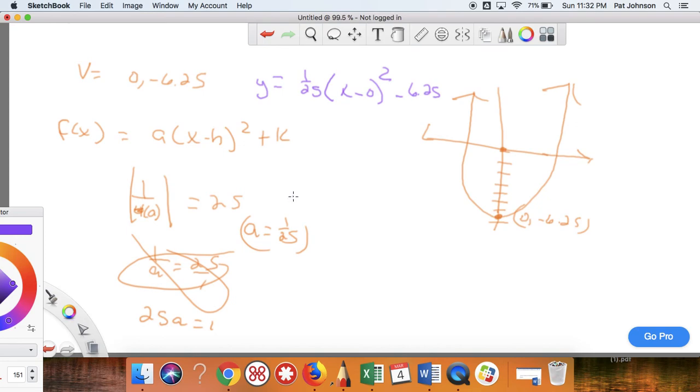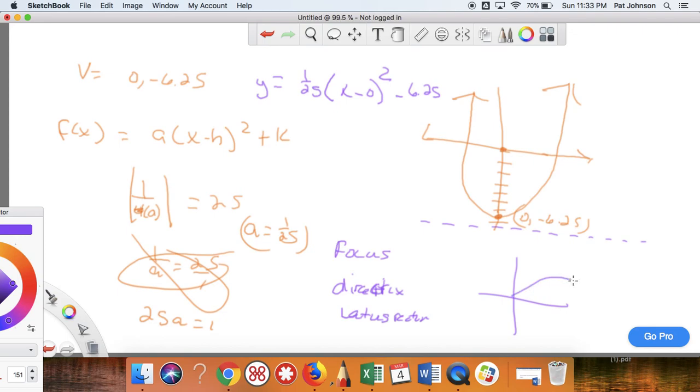So the only thing different here is you have to know the formulas for a focus, directrix, and the latus rectum. If you know those formulas, you're good. The directrix is always outside of the U. The focus is always inside of the parabola, inside of the U. And it's the same thing with sideways.